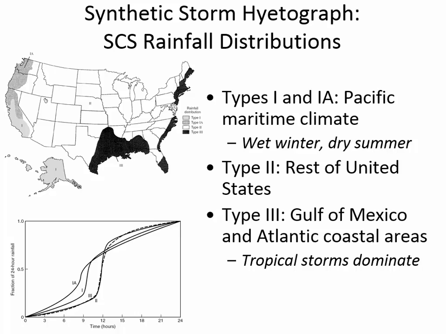And this graph is showing you during a 24-hour period how much of the rain accumulates at what part of the storm. And if it is just a straight line, then that would mean that the rainfall intensity was constant through the entire 24 hours. And type 1A is the closest to that straight line from edge to edge, where it never gets very steep.